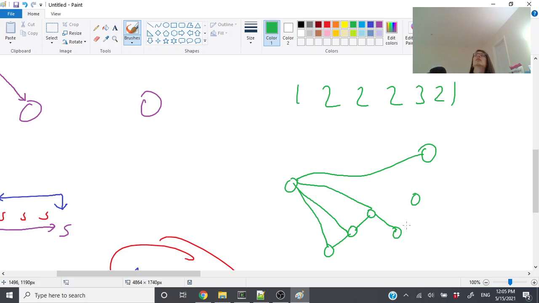So let me do like a DP over this tree. What do we do with this?